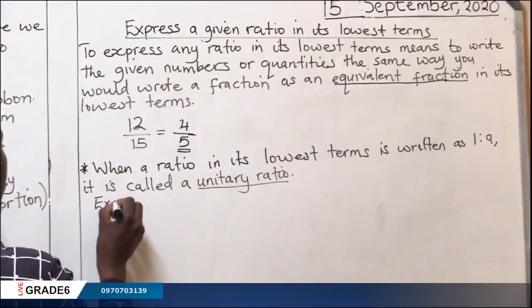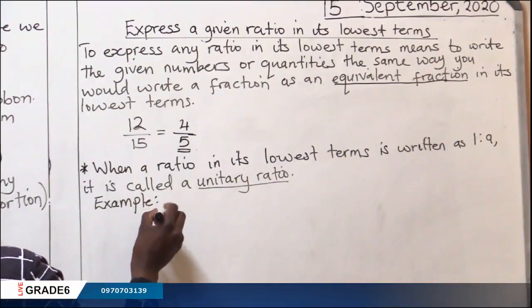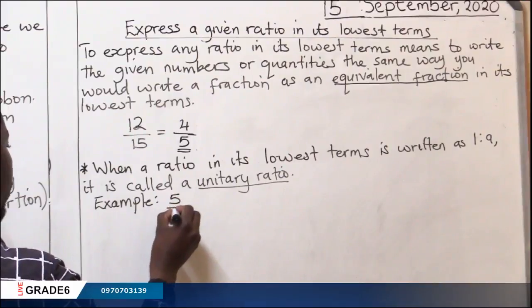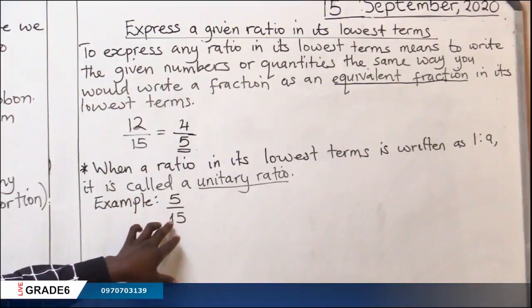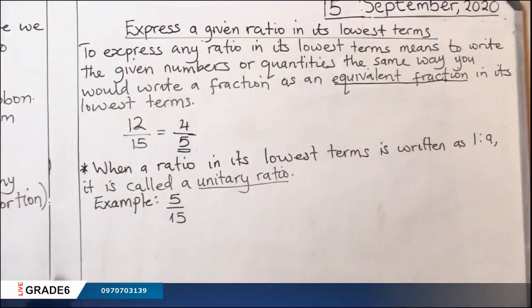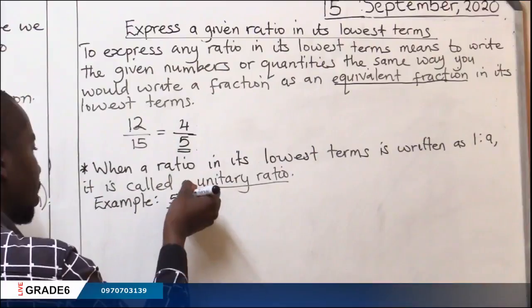Example: 5 over 15. Let me give you an example for a unitary ratio. We know that the number we can use to divide 5 and 15 is 5 itself. How many times does 5 go in 5?